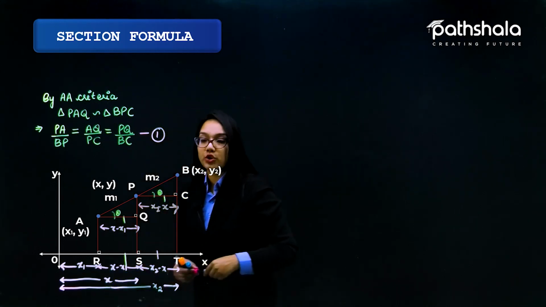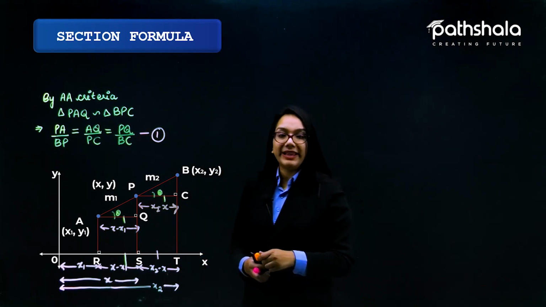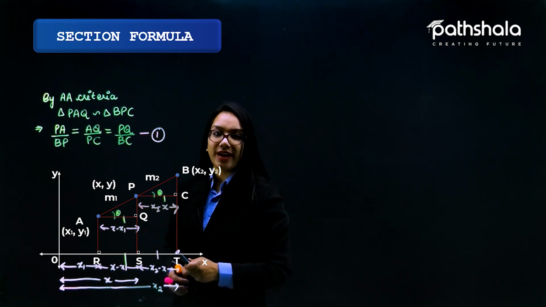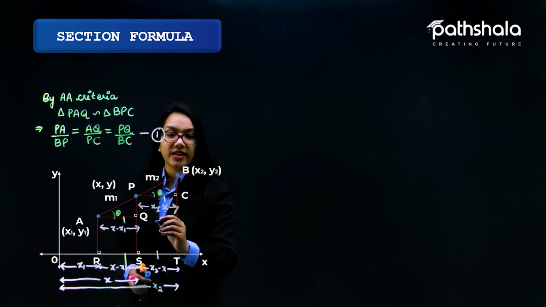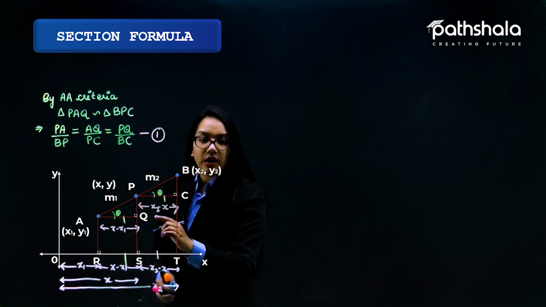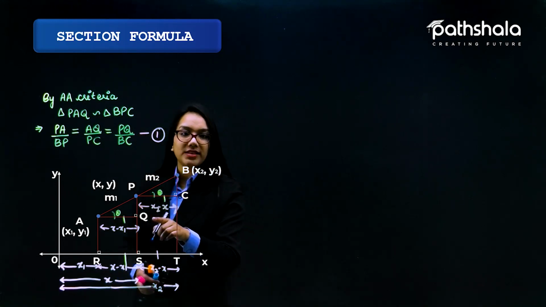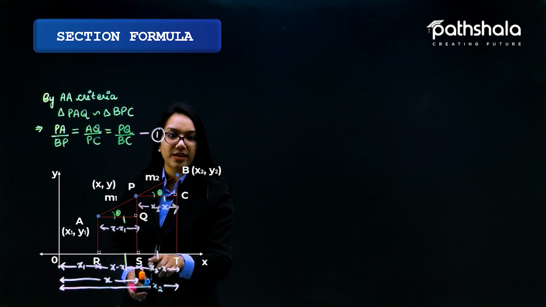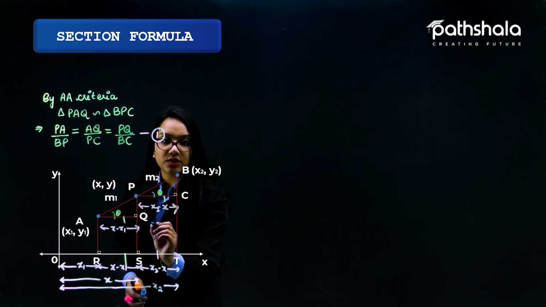Now let's talk about the distances BC and QS. Let's talk about QS first. QS is nothing but y1.